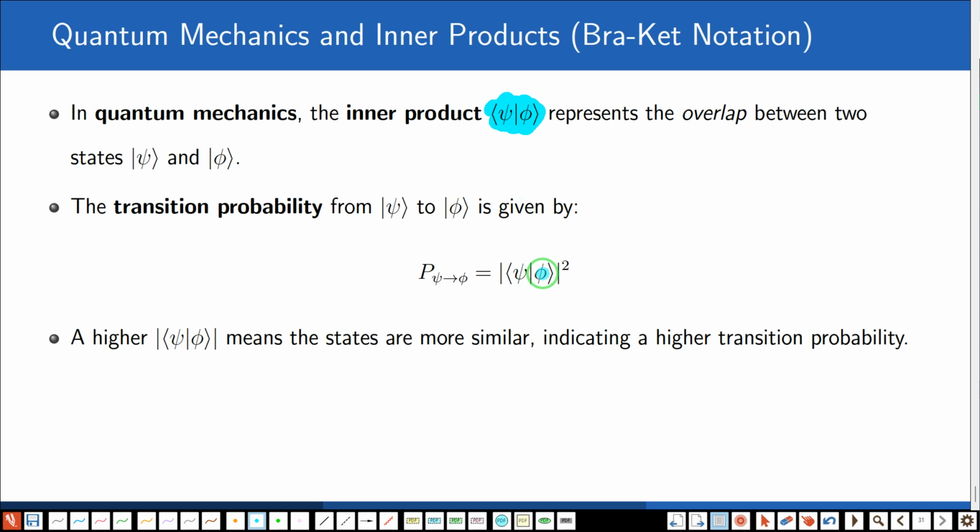But here, a high value for the overlap or inner product means that these two states are more similar and they have a higher transition probability. And that's another application of the inner product.